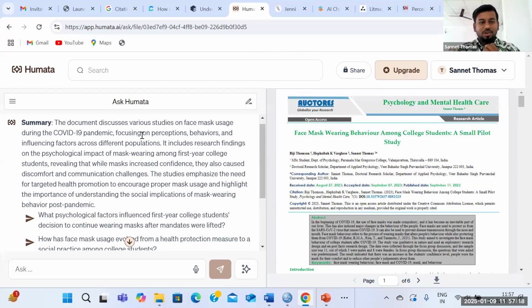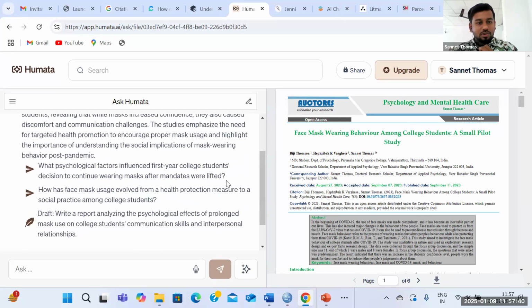You can see that the document discusses various studies on face mask wearing behavior. So this is the study about face mask wearing behavior among college students, a small pilot study. Whatever summary you want, you will get it with the help of Humata.